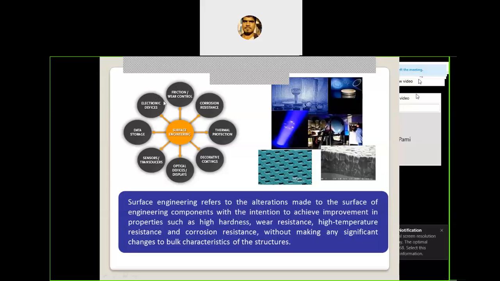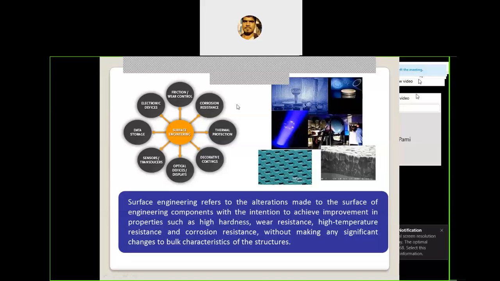If you reduce the friction, indirectly it will reduce the wear. Where there is friction, there is wear. Next, corrosion resistance. We can make our component corrosion resistant by coating it with a proper material.